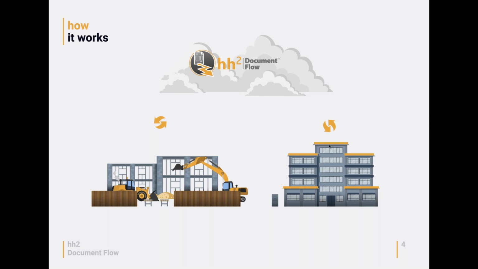What I mean by that is we're pulling over your jobs, your cost codes, your employees, your vendors, your AP information. All of that information found in your accounting system or ERP solution is uploaded to the cloud continuously, meaning we just stay up to date. So as you add or hire new employees, as you add jobs, cost codes, vendors in your AP system, they automatically upload to hh2.